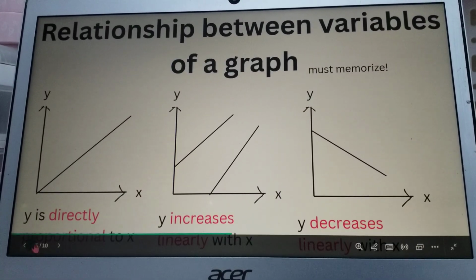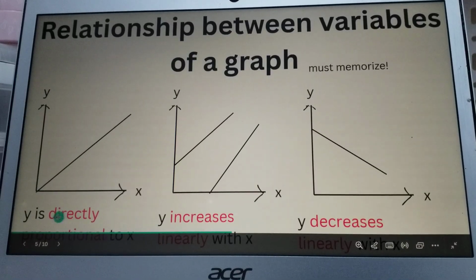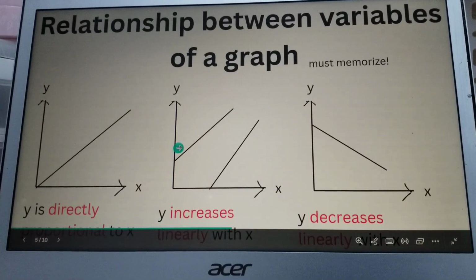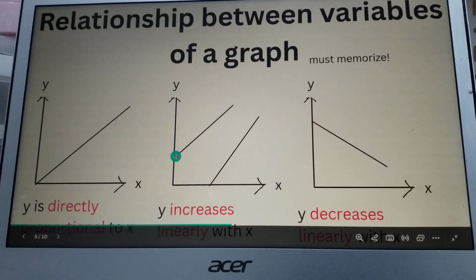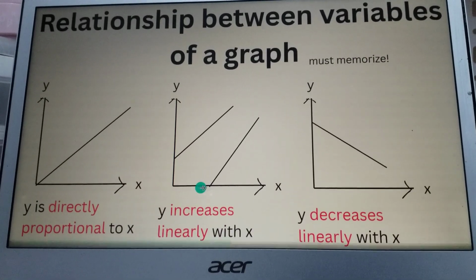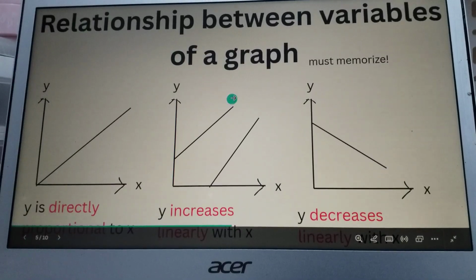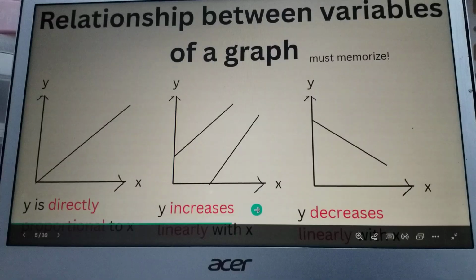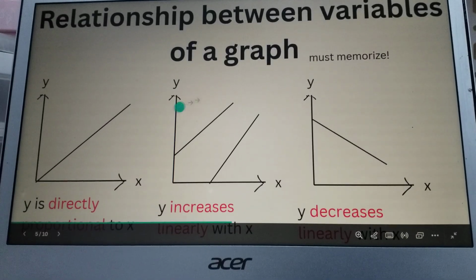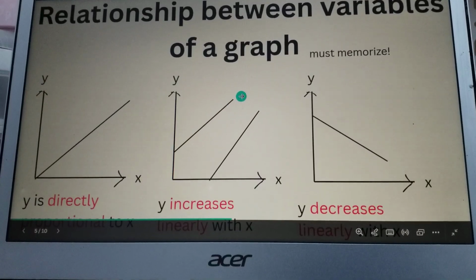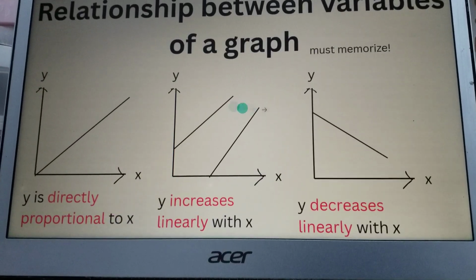So y is directly proportional to x, which means if y increases, x also increases. Next, the graph will either start from the y-axis or from the x-axis, and then it will just go up. So this graph is y increases linearly with x. Linear means straight, so it will increase straight.